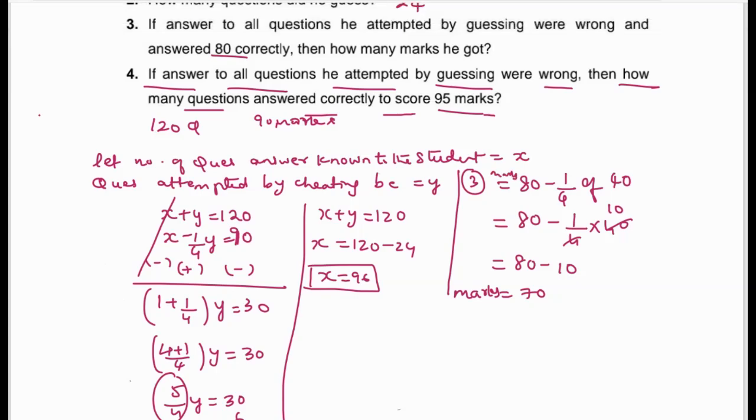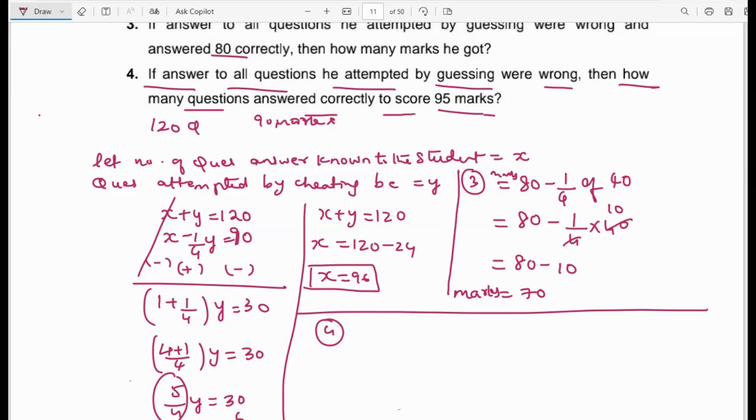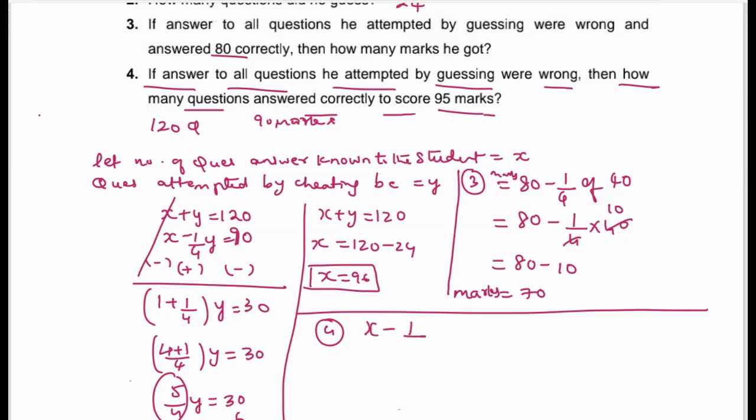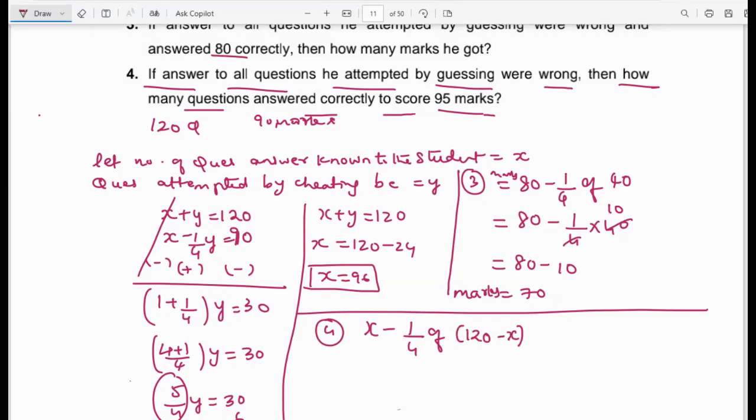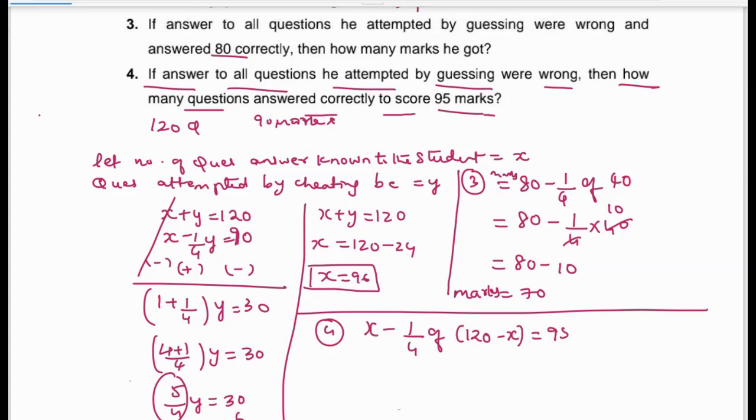Then the fourth question says x minus 1 by 4 of 120 minus x, where 120 minus x is what he guessed, equals 95. So 1 by 4 of 120 minus x, then how many questions answered correctly to score 95?